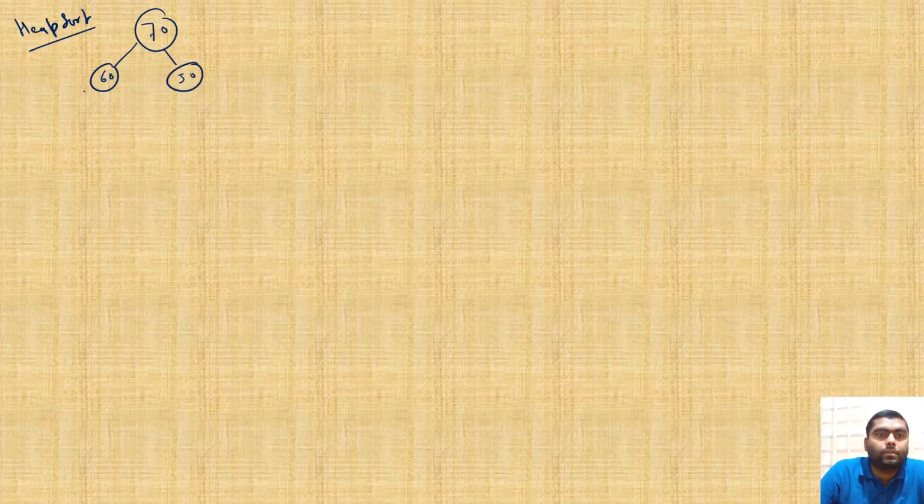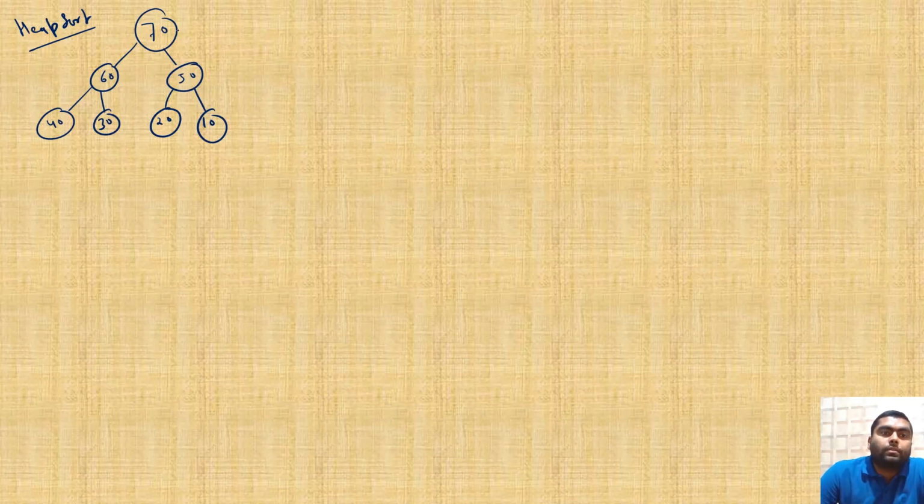Okay, so let us see the heap sort, how we do it. Let us take as an example 70, 60, 50, and 40, 30 and 20 and 10. Okay, so delete one by one. So delete this particular element.